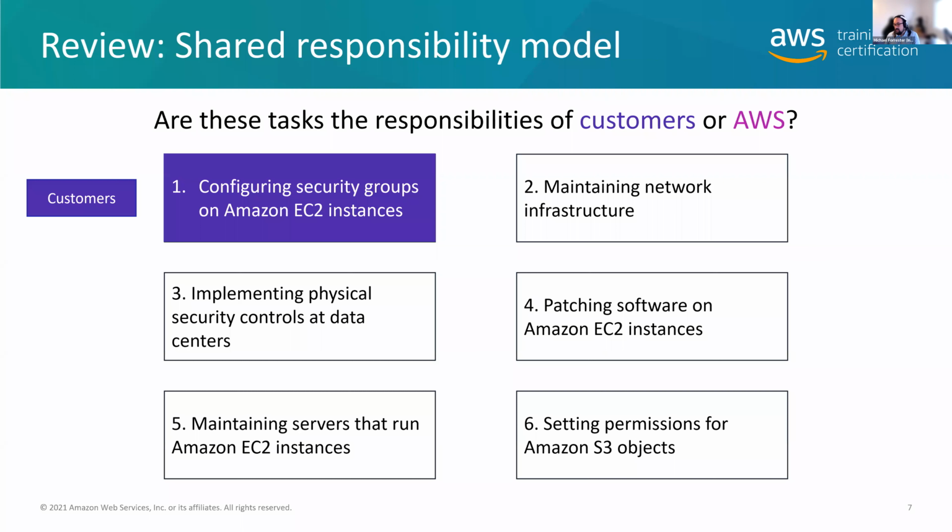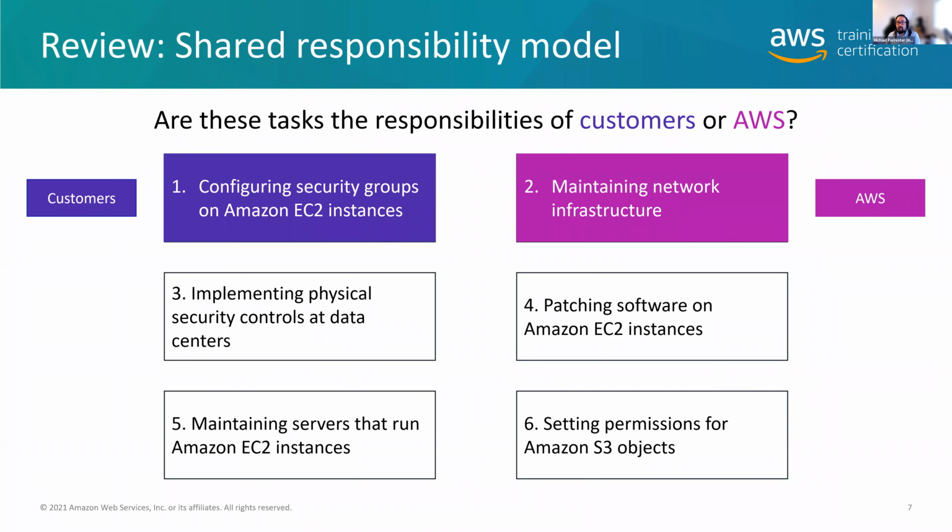That's right, it's the customer. All right, who's responsible for maintaining the network infrastructure underneath all these virtual machines? Who does that? Yeah, AWS is the primary owner of that.